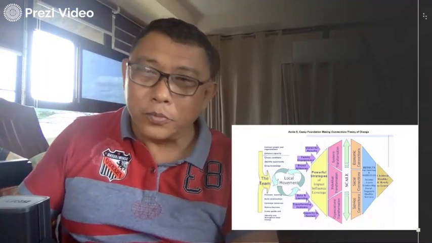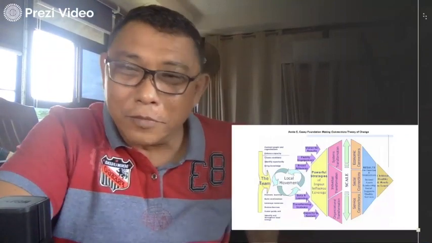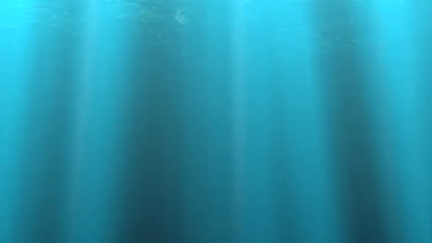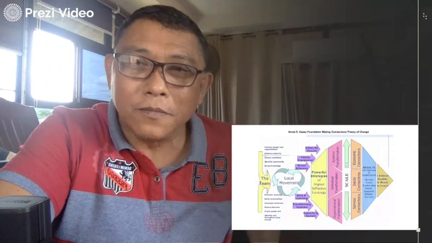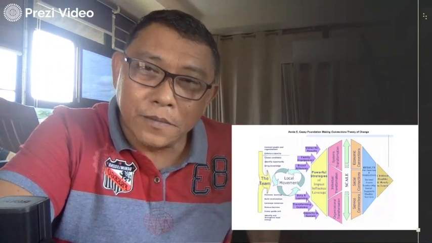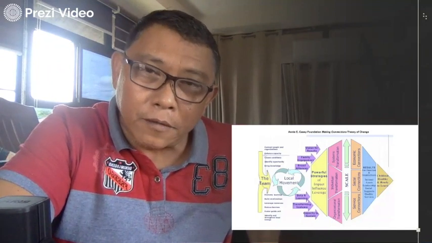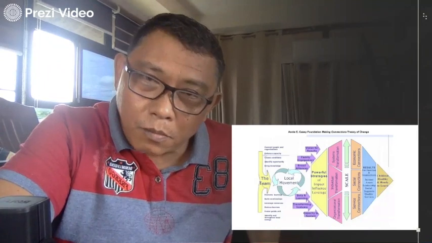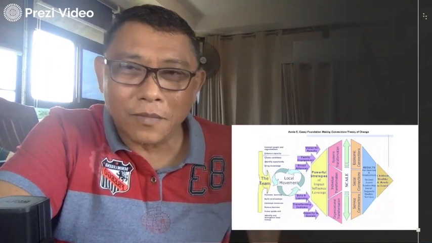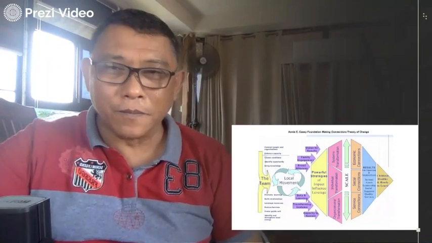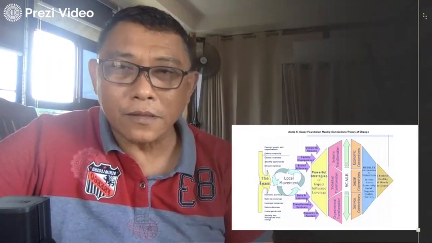And I hope that in the future, some of you will write a dissertation using the theory of change. And I also hope that someday all programs implemented by the Department of Education, by Mindanao State University, and other agencies will use the theory of change as a methodology in improving their programs.